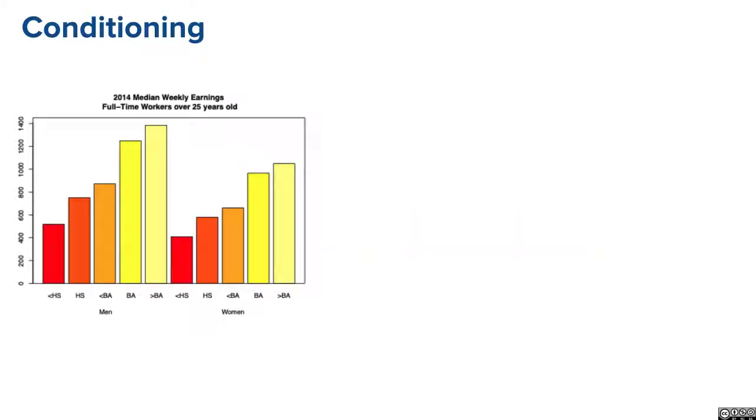All right, let's talk conditioning. We talked before about how the labor statistic plot doesn't facilitate the most interesting comparison we want to make, which is a comparison between male and female salaries.